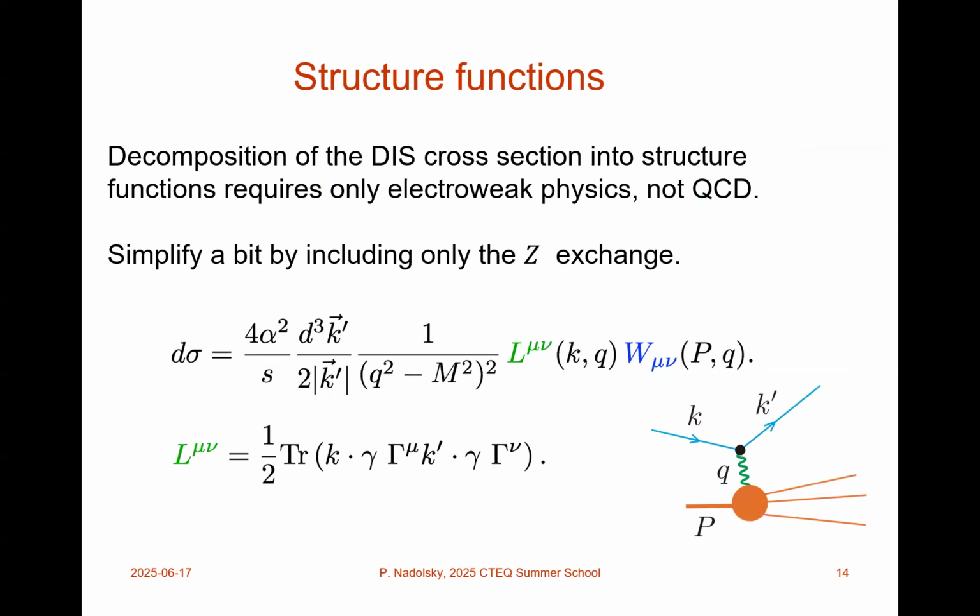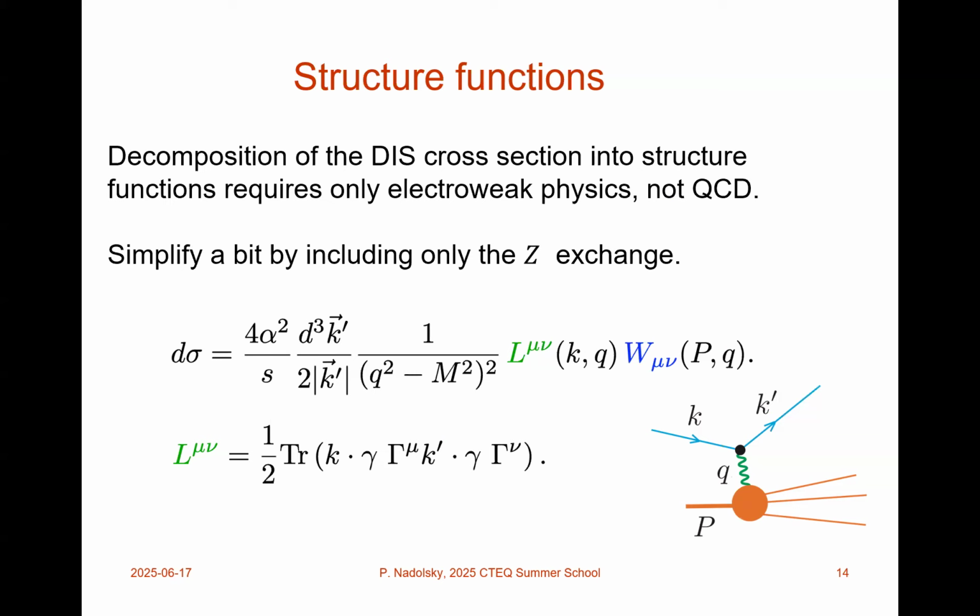Okay, but then another thing that Dan told you is that just based on this parton model picture, and the spin structure of the interaction between the electron and proton through the photon exchange, you can decompose the cross-section for deep inelastic scattering into what I call the leptonic tensor and the hadronic tensor, where the leptonic tensor only depends on the momenta of the electrons, and the hadronic tensor only depends on P, the momentum of the hadron, and Q, the momentum of the photon, right?